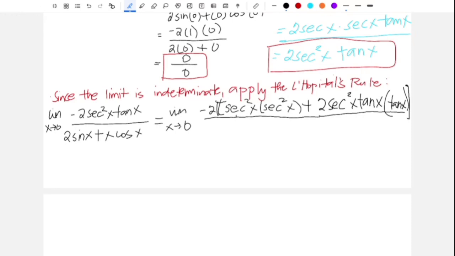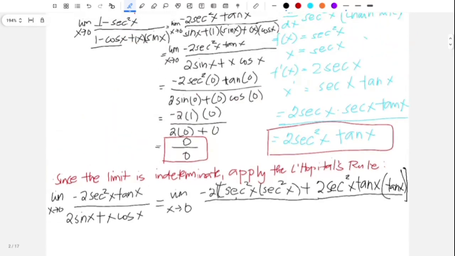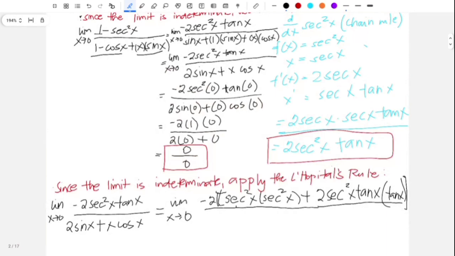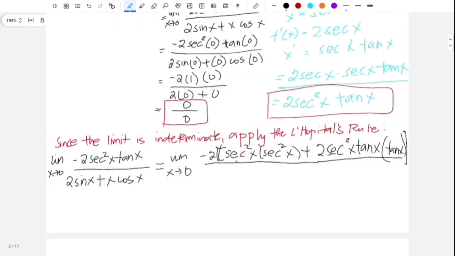For our denominator, we can use, we already used the product rule, still the product rule, just like what we did in x sine x. The only difference is that here we have cosine x and earlier we had sine x.